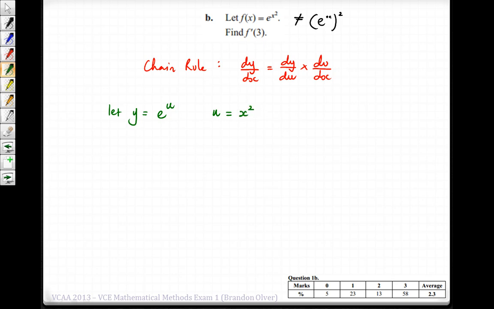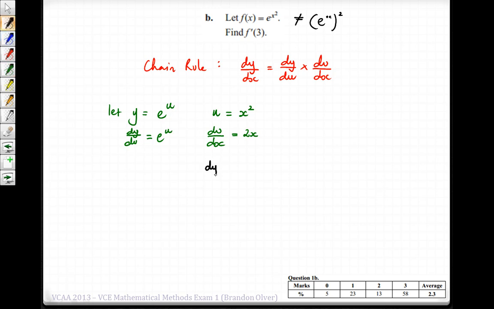So we've worked out du dx, the same as the previous question, power out the front, 1 off the power, gives us 2x, and dy du, for an exponential, that's just going to give itself back. And now we're just going to make our substitution.